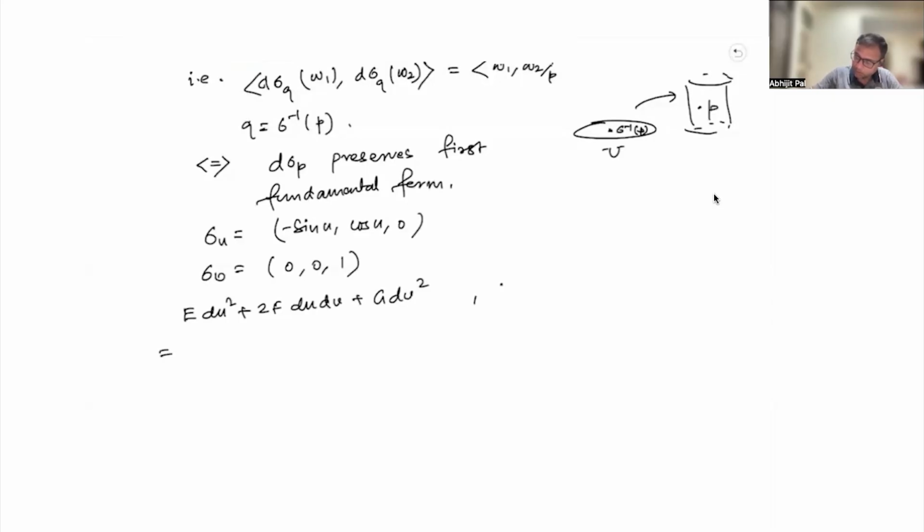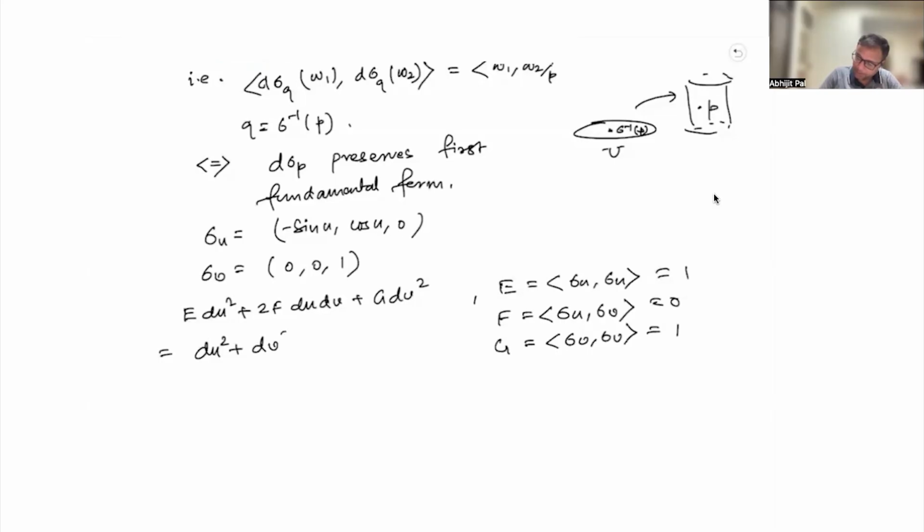E is the inner product of sigma_u with sigma_u, which is equal to 1. F is the inner product of sigma_u with sigma_v, which is equal to 0. And G is the inner product of sigma_v with sigma_v, which is equal to 1. So this is du square plus dv square.